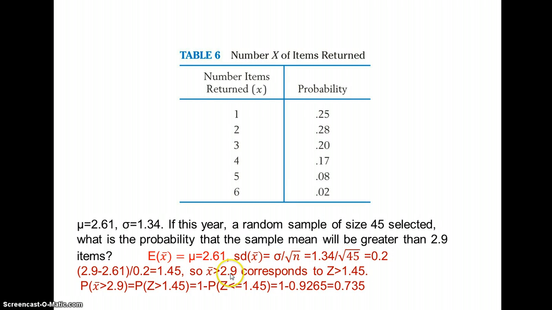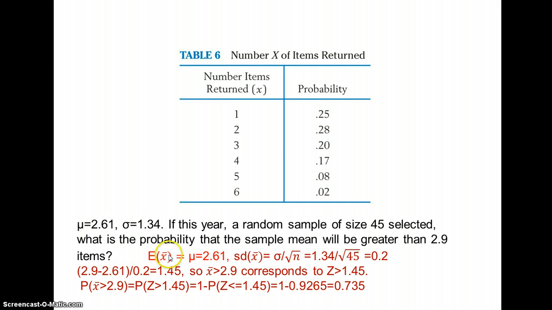So by using the formula to convert 2.9 to a standardized variable, we take 2.9, subtract the mean of the sample mean, 2.61, and divide by the standard deviation of the sample mean, 0.2. Again, be careful. Why don't we use these values? Before, to convert a variable to a standardized variable, we take the x value, subtract mu, and divide by sigma.